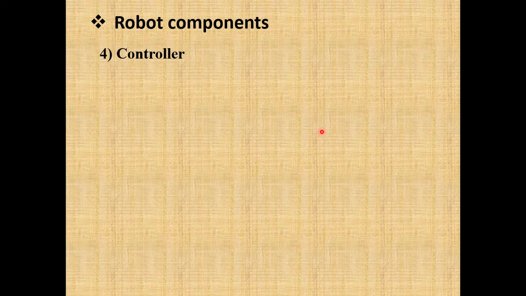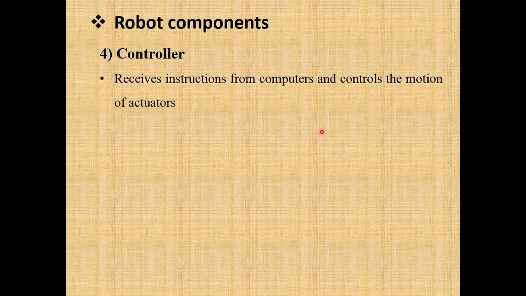Next is the controller. The controller is a main part, we can say the heart of the robot. Like heart and mind take decisions, emotional as well as strategic, in human anatomy, we can say the mind work is done by the controller in the robotic anatomy. So what is the function of the controller? It receives instructions from the computer and controls the motion.